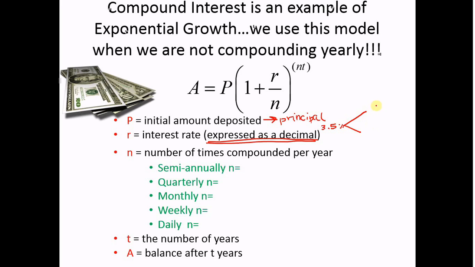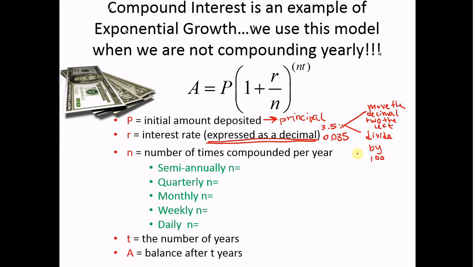Either you move the decimal 2 to the left, or you divide by 100. Either way, you would get 0.035. Please make sure you get that as a decimal. Otherwise, it's going to be a lot more difficult for you to get these answers.